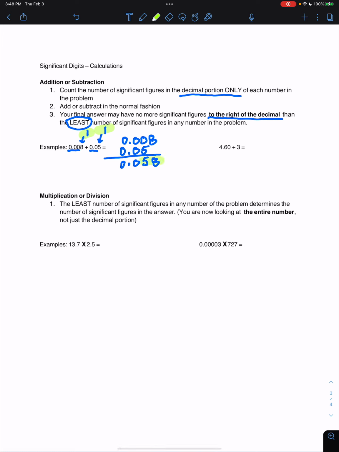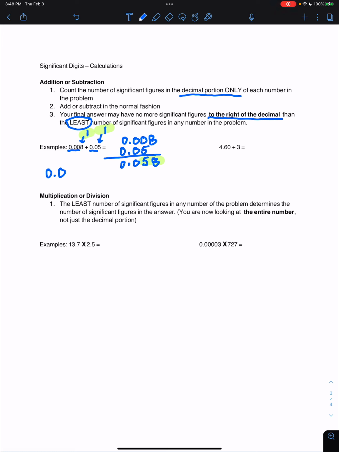Unfortunately, our answer has two significant figures in it. So we have to round our answer so that it only has one significant figure. If you remember your rounding rules, you look to the number on the right-hand side, and that will tell you whether to round up or drop off.